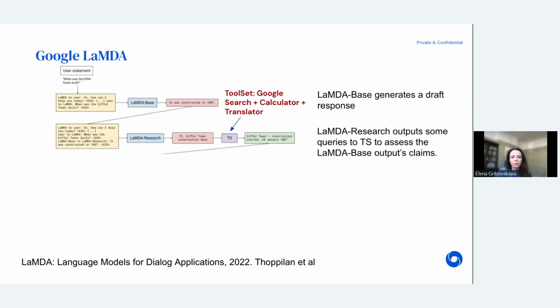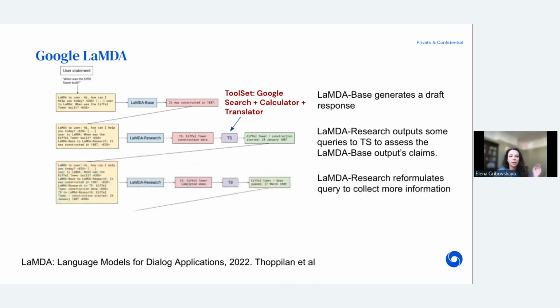This information is propagated through the LaMDA research model, which is fine-tuned to decide whether the information is sufficient to provide an answer to the user, or further information is needed.